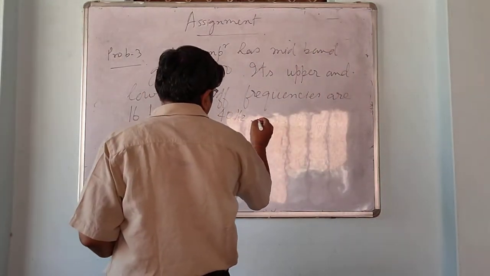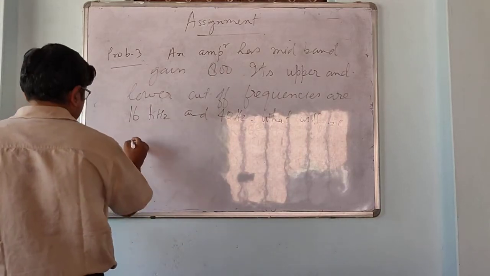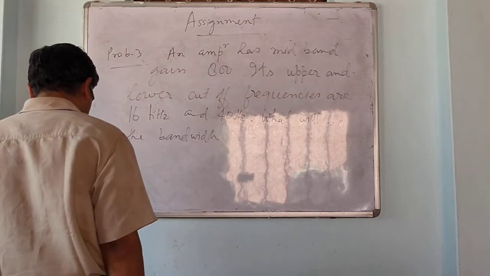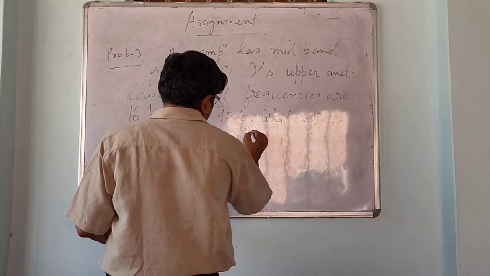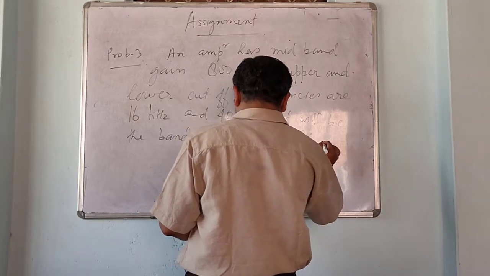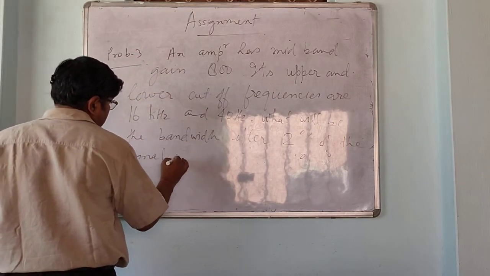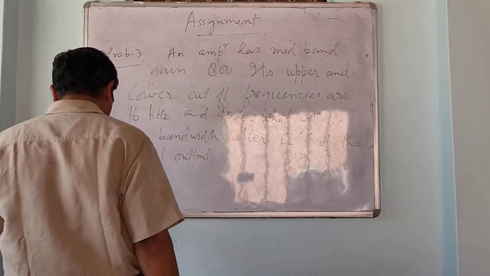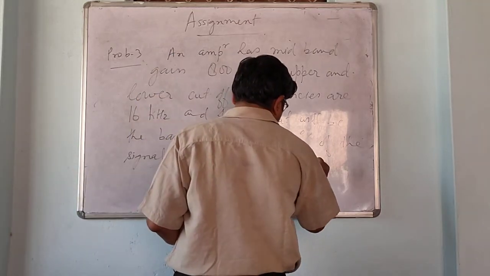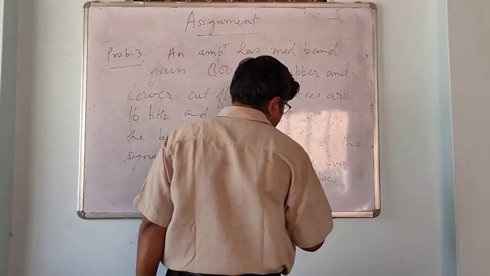What will be the bandwidth after 2% of the signal output is given as negative feedback? So this is the statement of the problem.